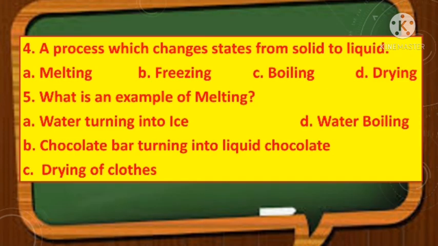For number 4, a process which changes state from solid to liquid is called what? Letter A, melting. Letter B, freezing. Letter C, boiling.